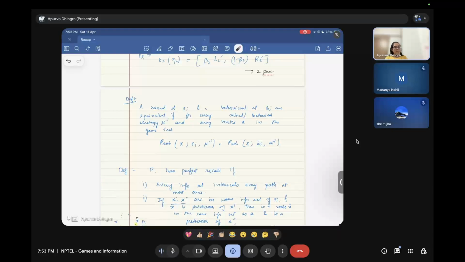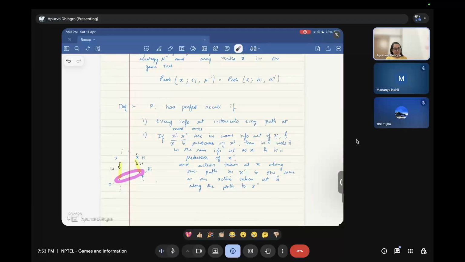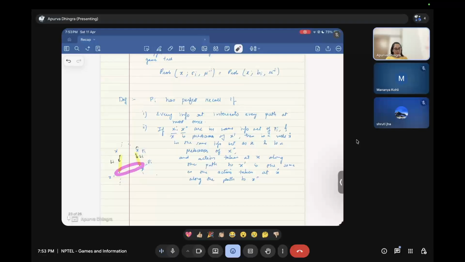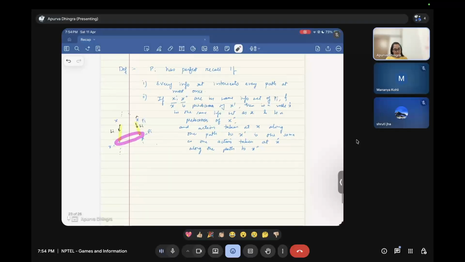Now, is that equivalence always possible? Can there be a situation where there is a mixed strategy but no behavioral strategy, and vice versa? We saw that this is captured in a definition called perfect recall. Perfect recall says, in simpler words, that players are not absent-minded and not forgetful of what actions they took.